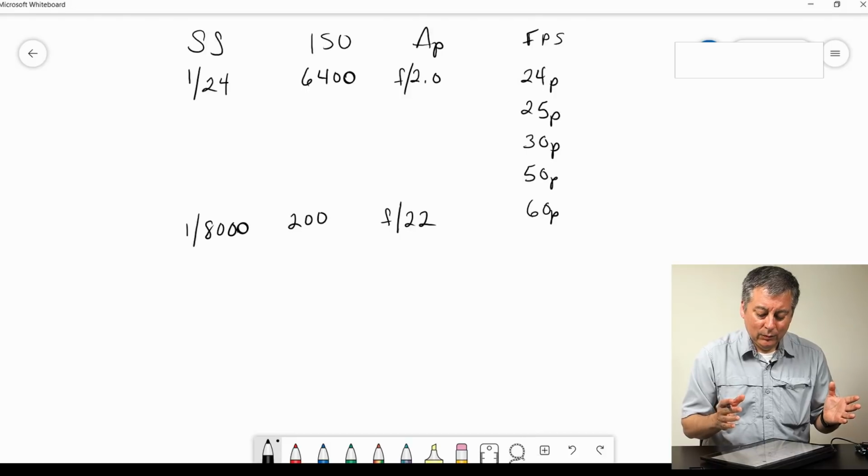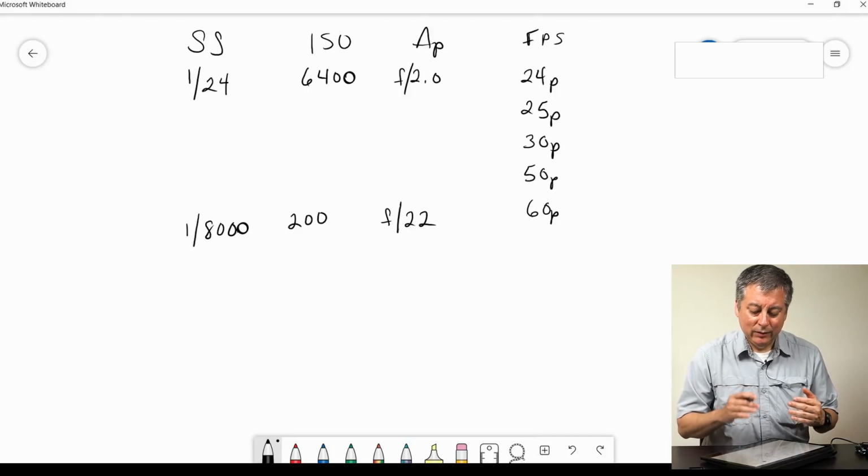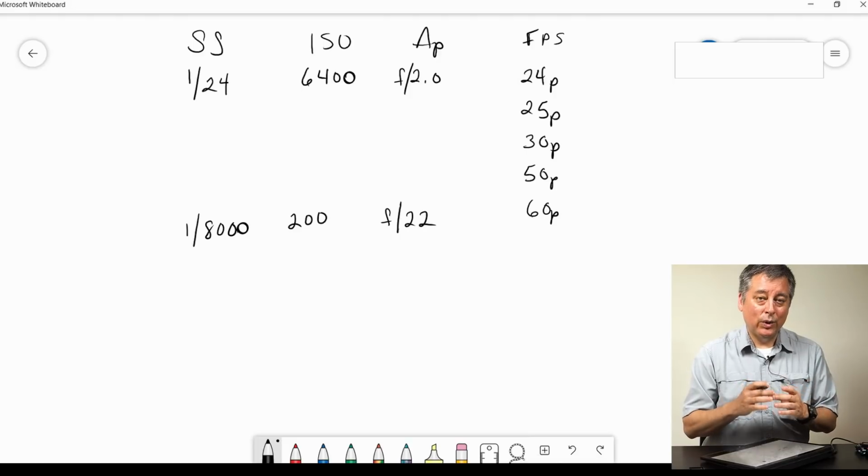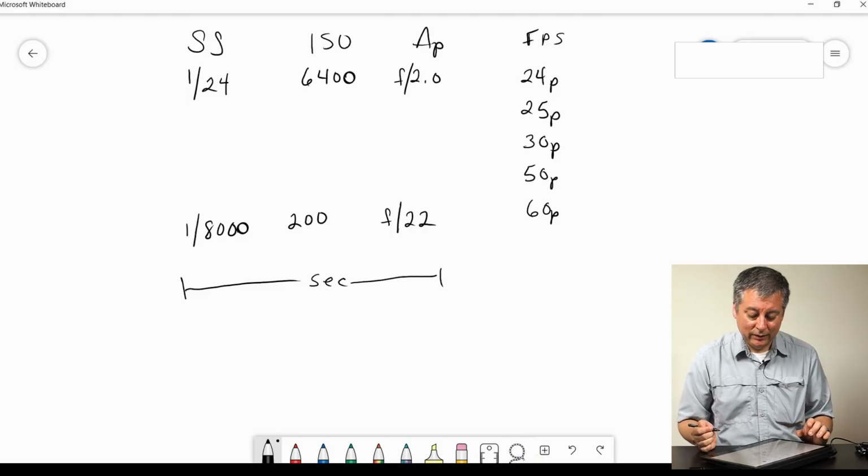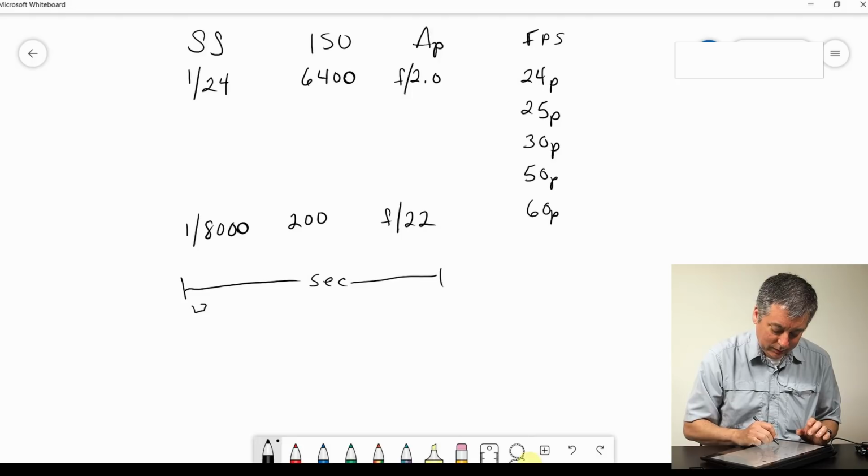What this is telling us is that when you're recording at 24p, it's recording 24 frames per second. So in 1 second, and let's just draw a little graph here, if this is 1 second of time, it's going to take 24 frames in 1 second.